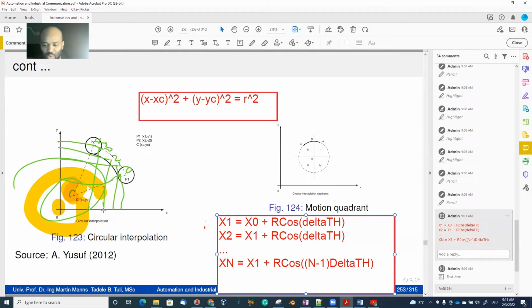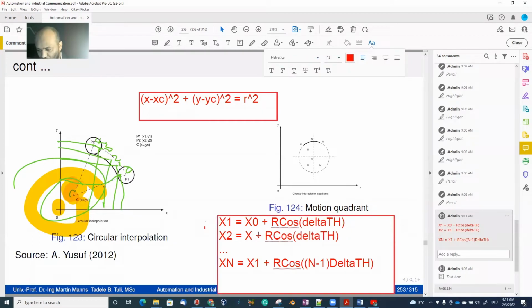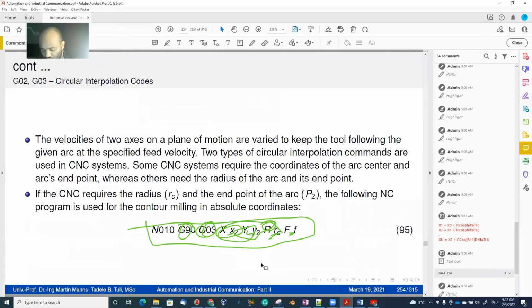Maybe I will talk about why I would suggest this. Maybe actually this is not x1, but it is x naught, sorry. No, this is x1, sorry, x1. Yeah, sure.